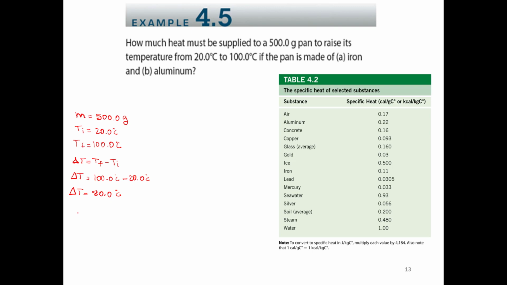The specific heat for iron is 0.11, and we will select these units because we had the mass in grams and the temperature in degrees Celsius. In the case of the aluminum, we had 0.22 calories.